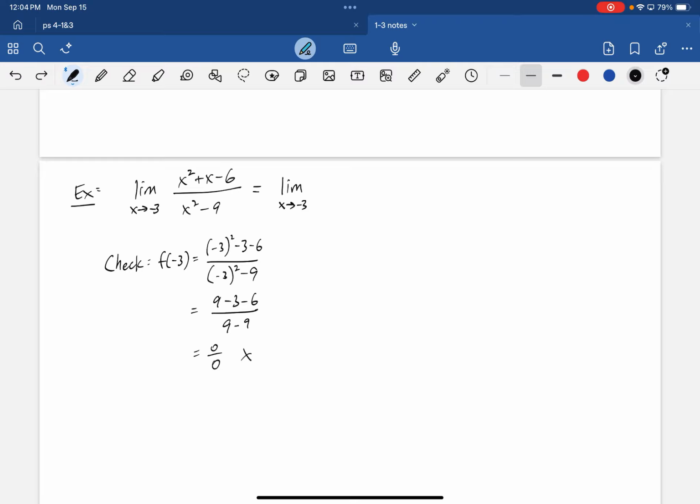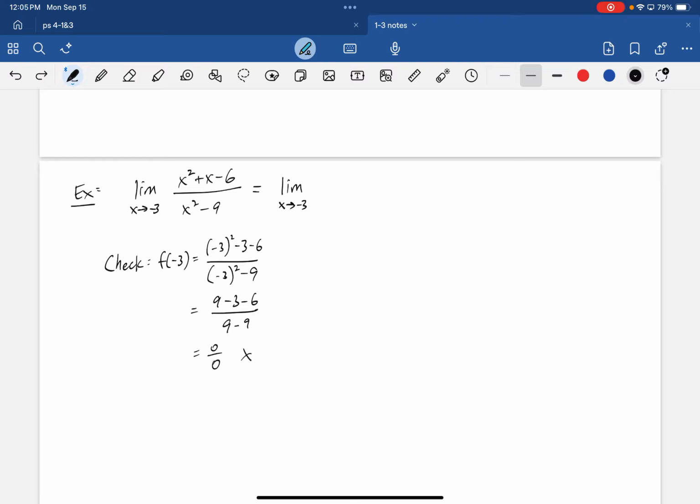Okay, who has the factorization? Just shout it out. X minus 2 or x minus 3? I need top and bottom. Okay, can somebody raise their hand? Okay, Brock.